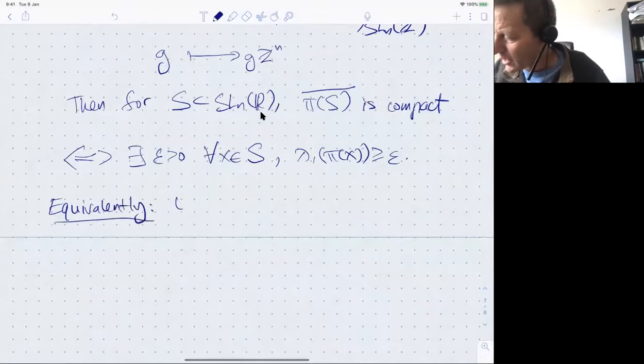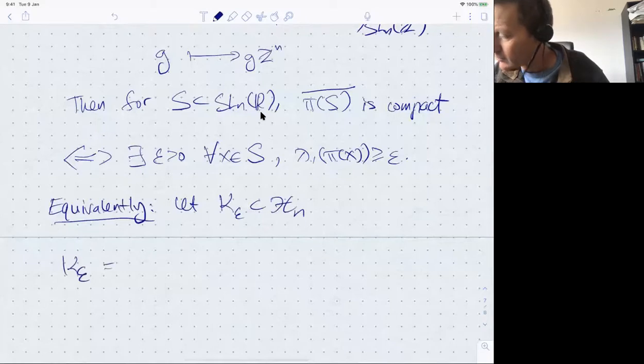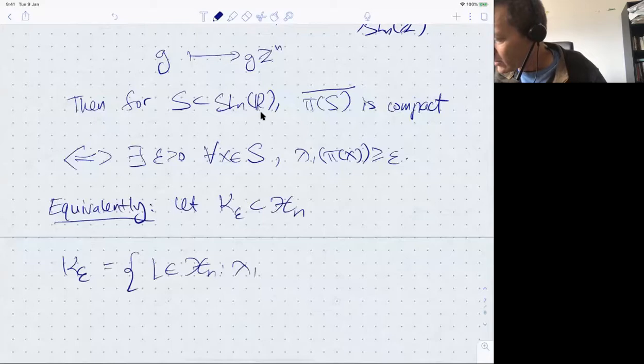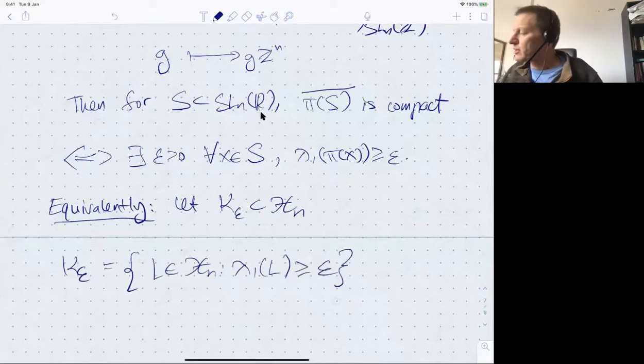let's define a subset K epsilon of the space of lattices of covolume 1 where the shortest non-zero vector is bounded below by epsilon. Then the compactness criterion is saying two things.